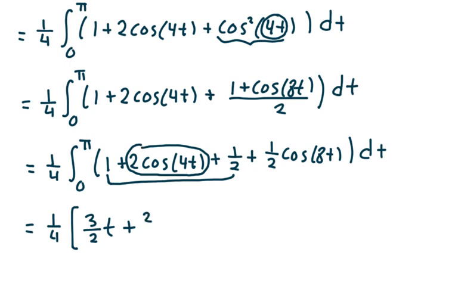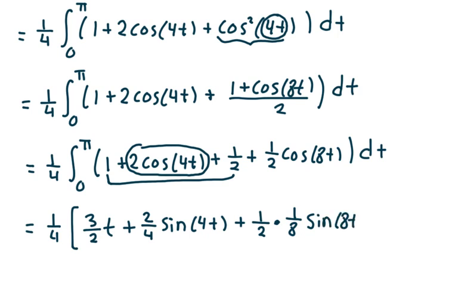That's going to be 2 over 4 sine of 4t. Then I'm going to go plus 1/2 times 1/8 sine of 8t. So remember, we're going backwards now. And then I'm going to evaluate from 0 to pi.